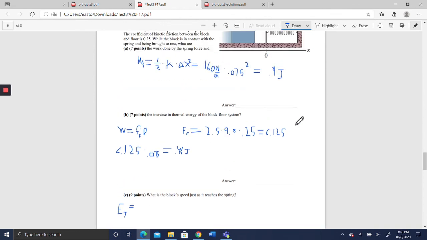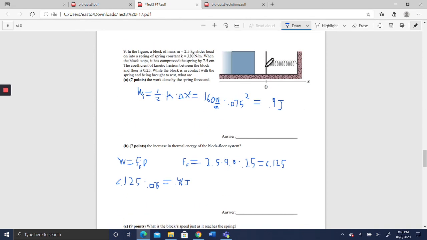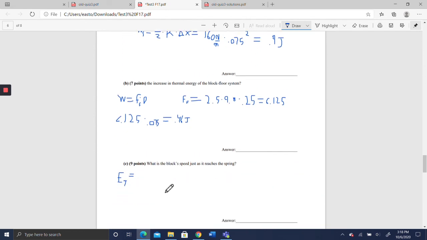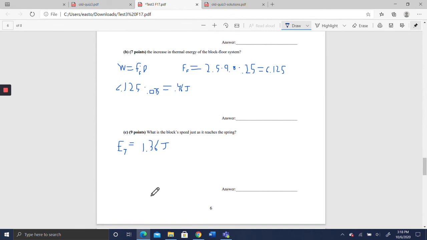That means the total energy when the block hits the spring has to equal these two combined, so 1.36 joules, because that's how much these two sum to.